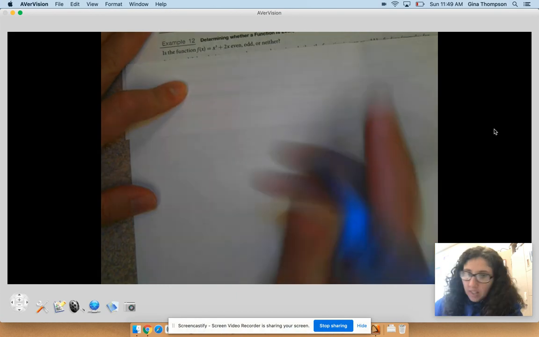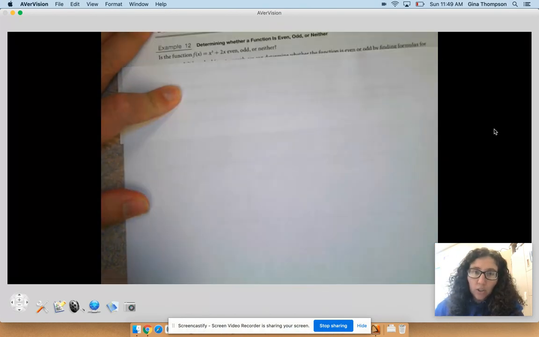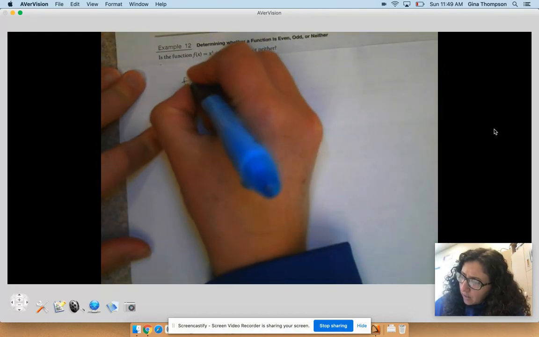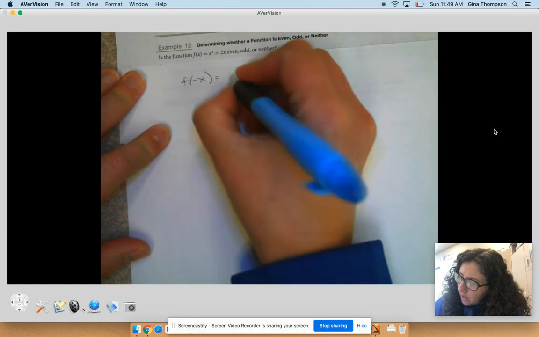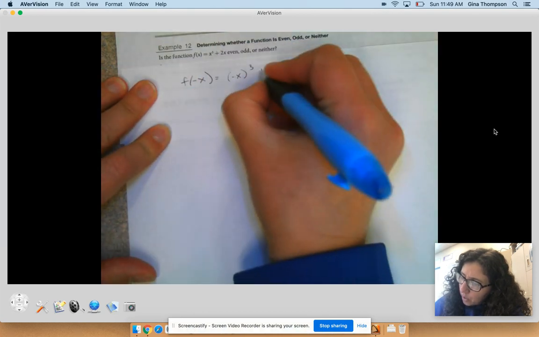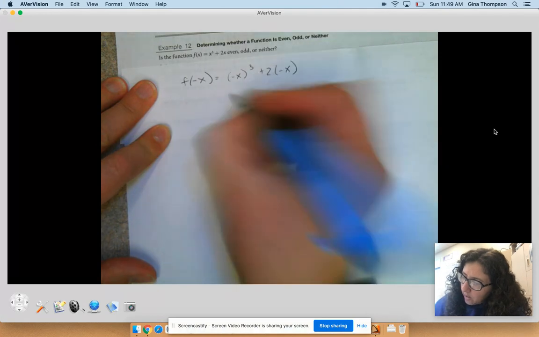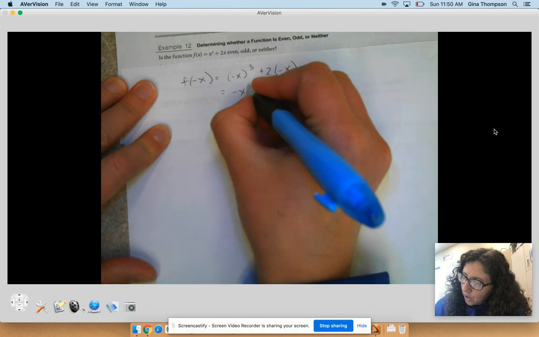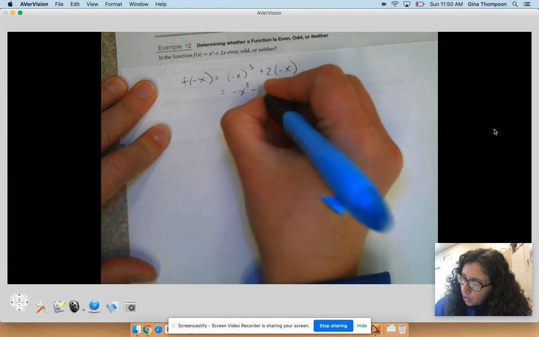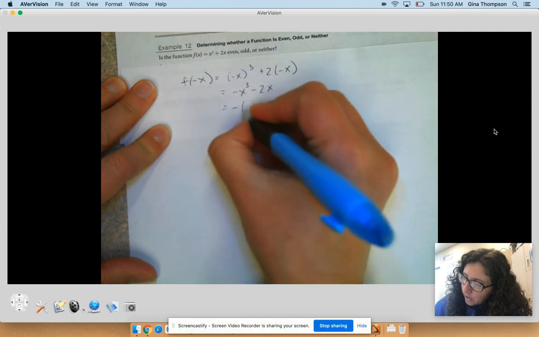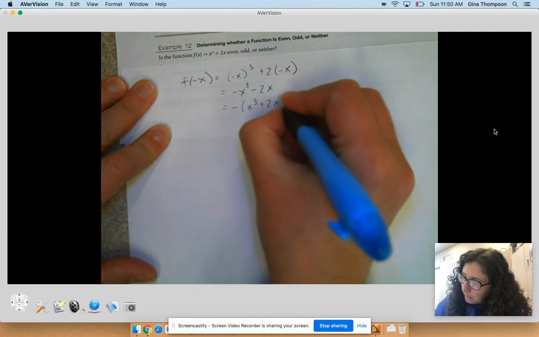So they give us this function, f of x equals x cubed plus 2 to the x. So let's find what f of -x is. F of -x, let's see, everywhere there's an x, we're going to put a -x plus 2 to the -x. And let's simplify. -x cubed is just -x cubed. And here we get minus 2x. Let's see, we could factor out a minus and get x cubed plus 2x.